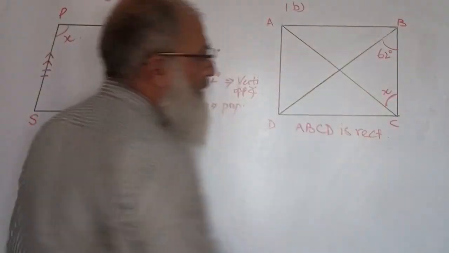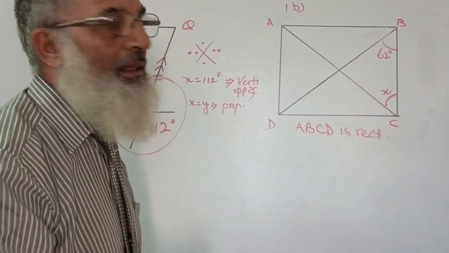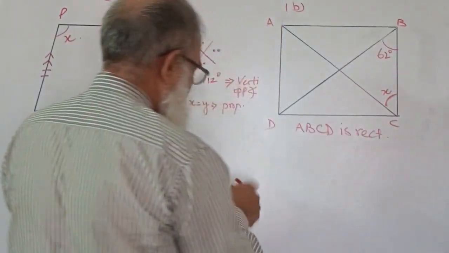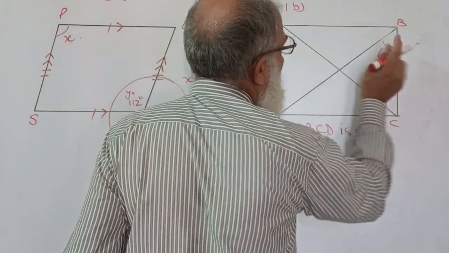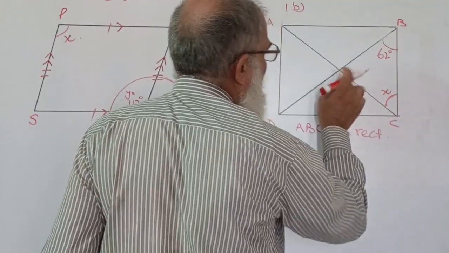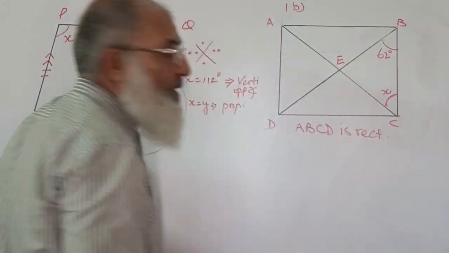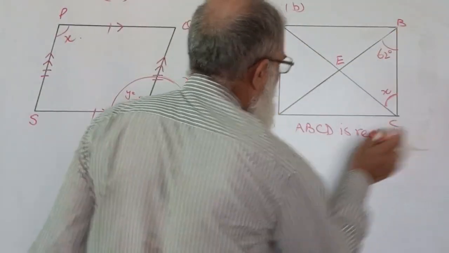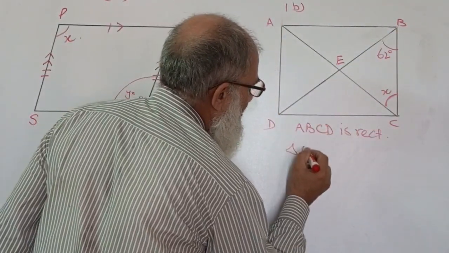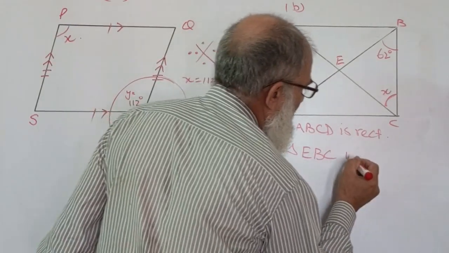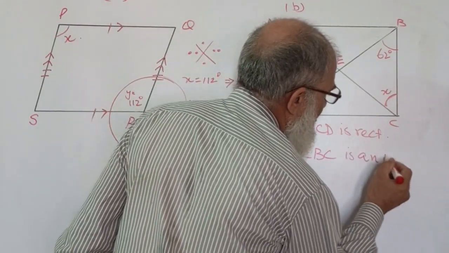Now you see that this triangle EBC is an isosceles triangle.